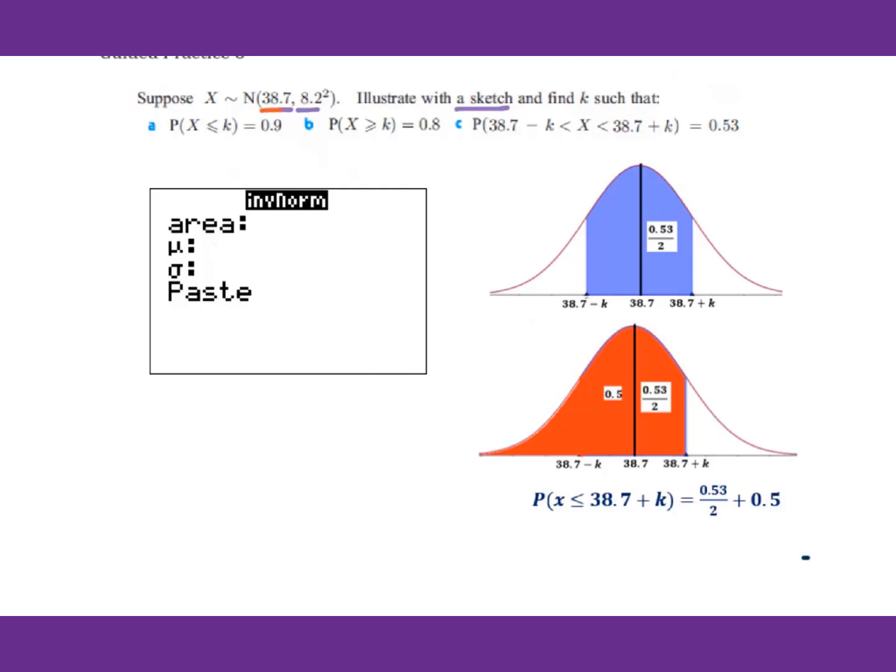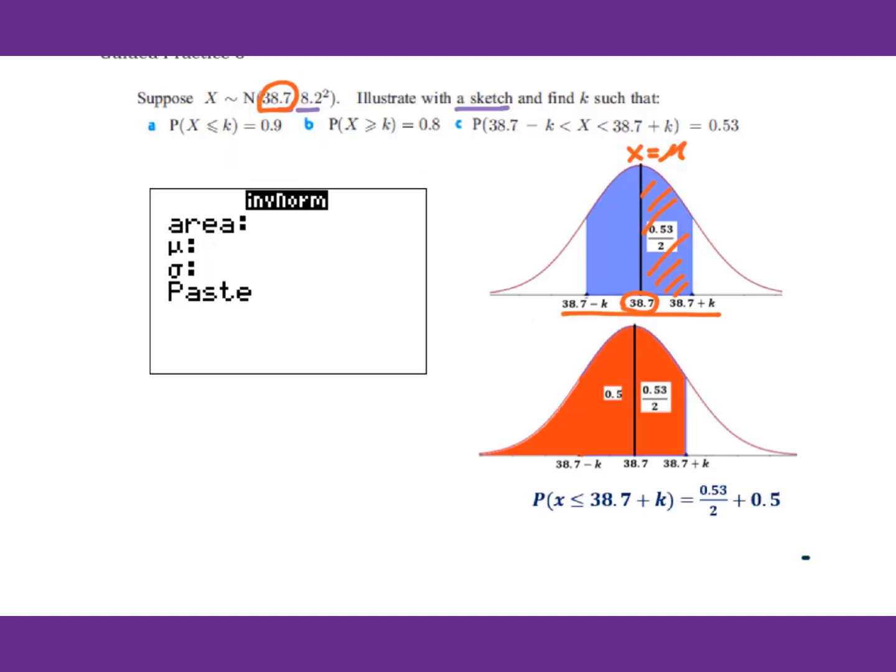For x between 38.7 minus k and 38.7 plus k. Since 38.7 is the mean, we can sketch this normal distribution like this. The normal distribution curve is symmetric across x equals mu. Therefore, half of the area will be 0.53 over 2.